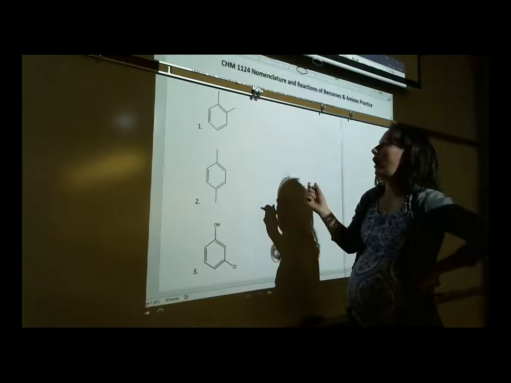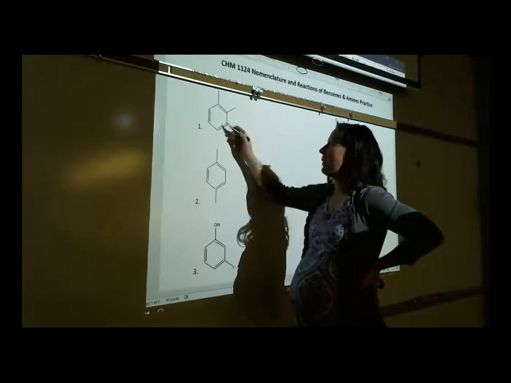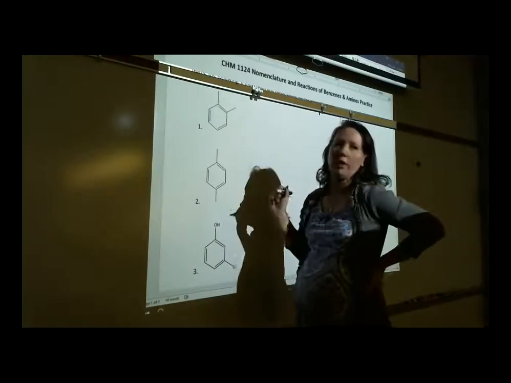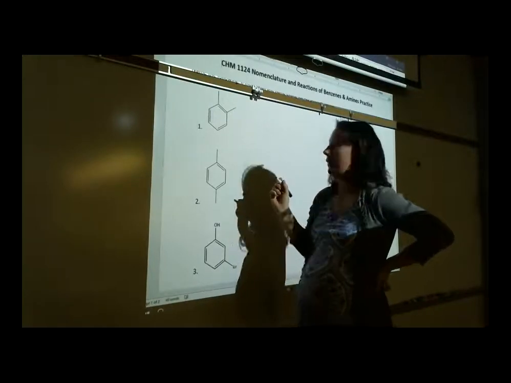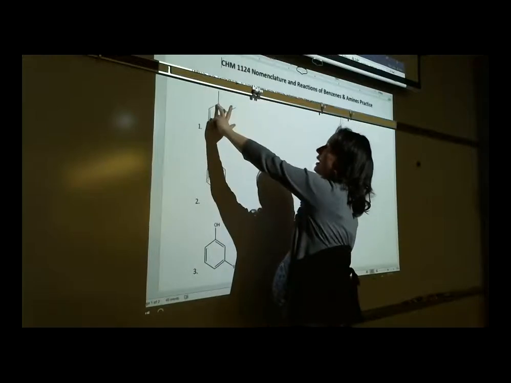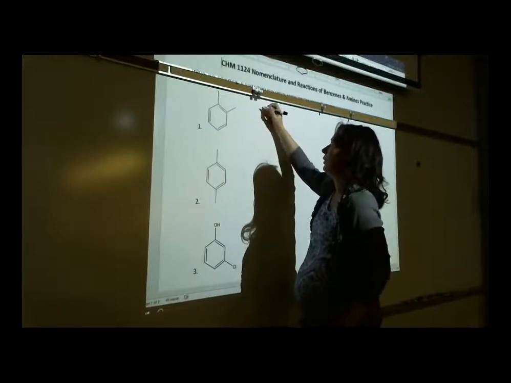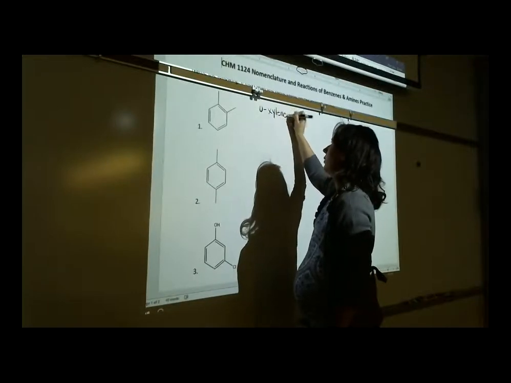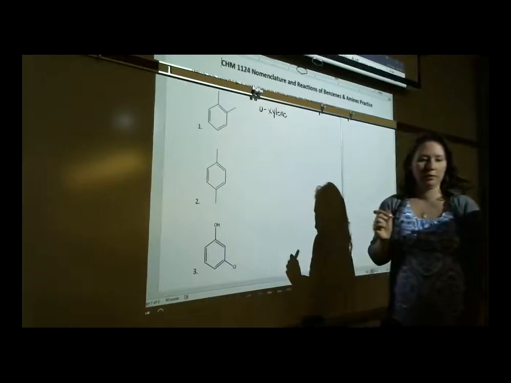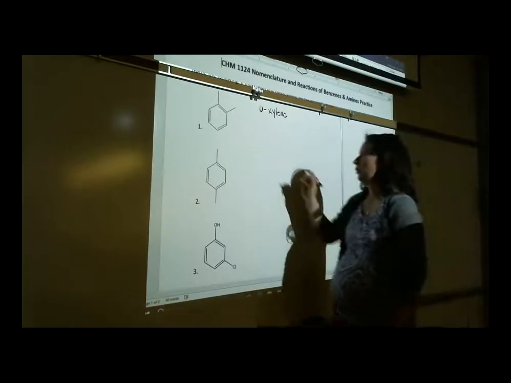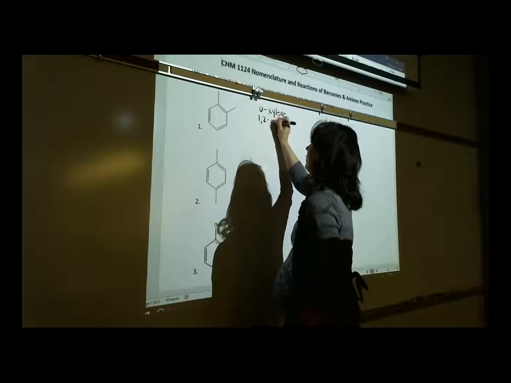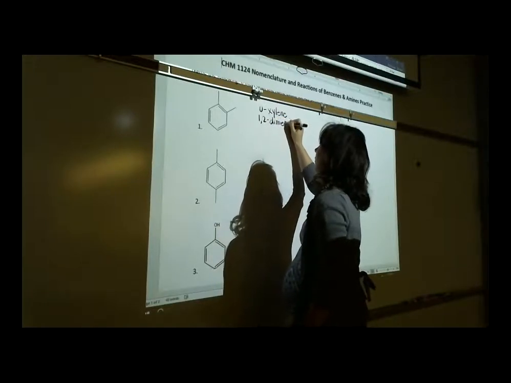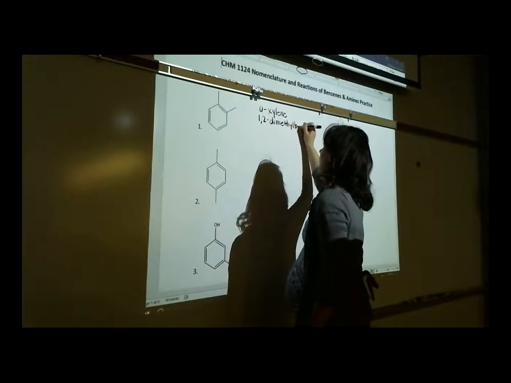So we could call this, what's a benzene with 2 methyl groups called? A xylene, right. And these 2 are side by side. So how can we represent that? We could call it O-xylene, right? What else could we call it? 1,2-dimethylbenzene.